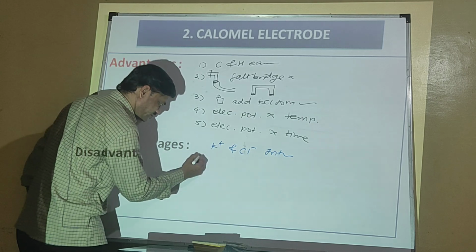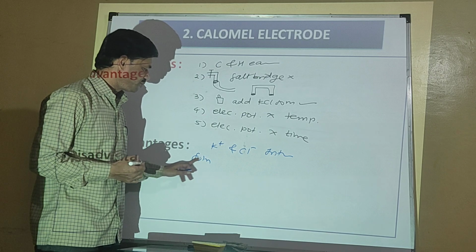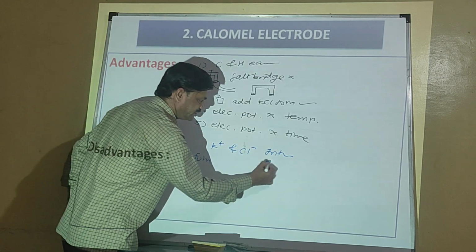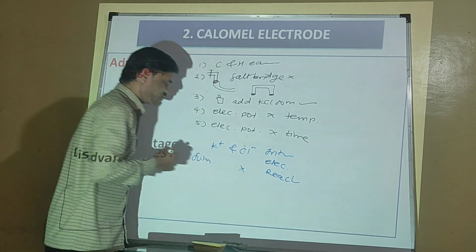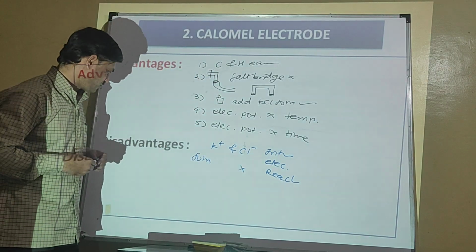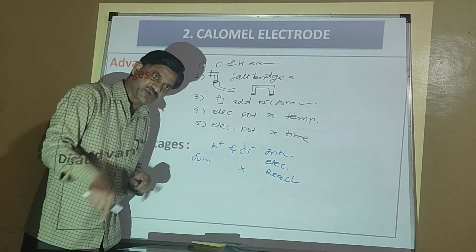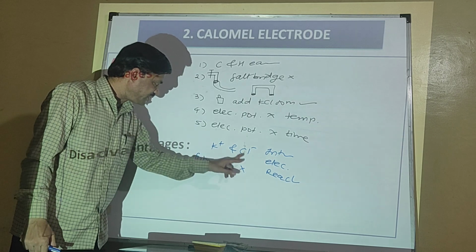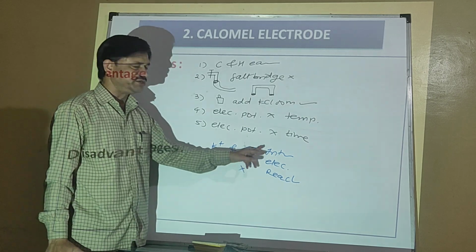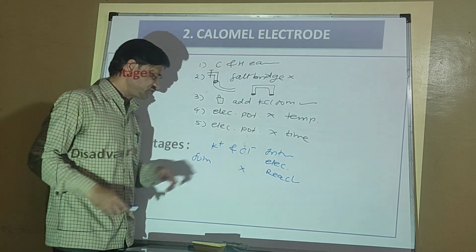If we are using KCl solution, and if K plus and Cl minus from KCl solution interfere with electrode reactions, then what happens? It cannot be used as which electrode? Reference electrode. So what is the first important drawback? This Cl minus should always come from Hg2Cl2, not from KCl. So when these ions from KCl solution interfere with the electrode reaction, calomel fails to act as a reference electrode.